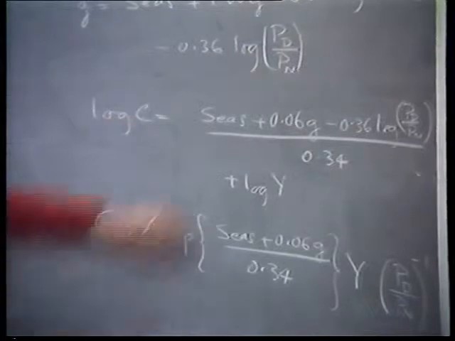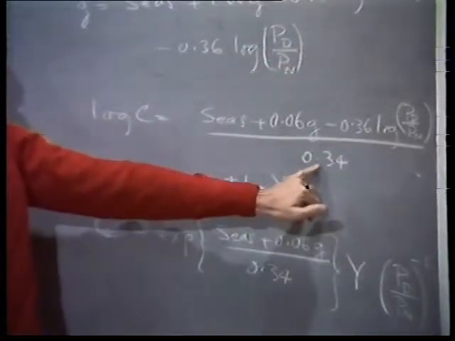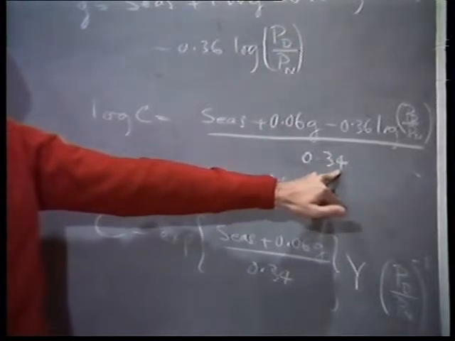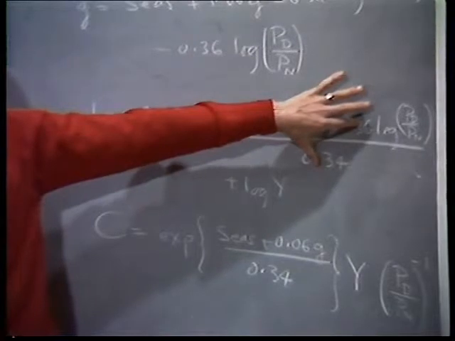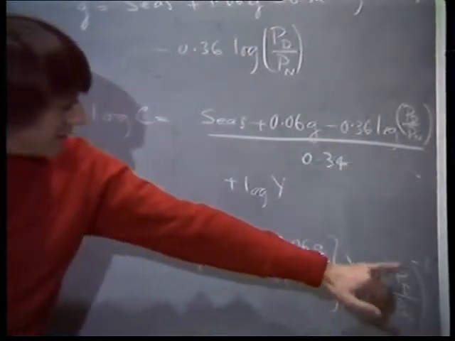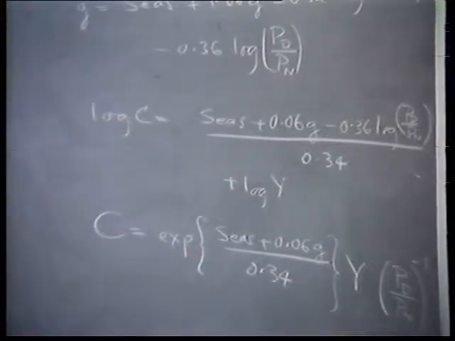And that minus 1 is coming because I'm assuming that that 0.36 is not significantly different from the 0.34. So that when we take those two terms together, that becomes minus 1 as the coefficient or the exponent of PD divided by Pn.